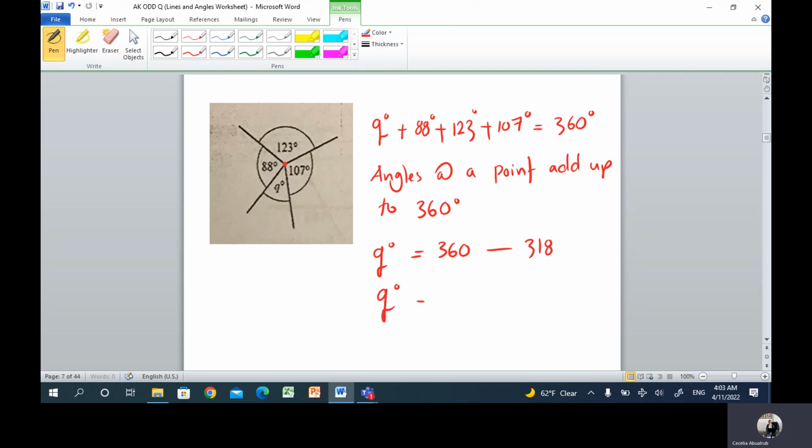So Q will come down to 42 degrees. And if you want to check, the 42 which you found plus the 88 plus the 123 plus the 107 must add up to 360 degrees.